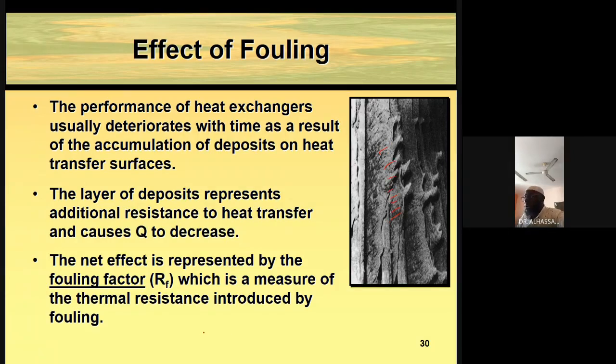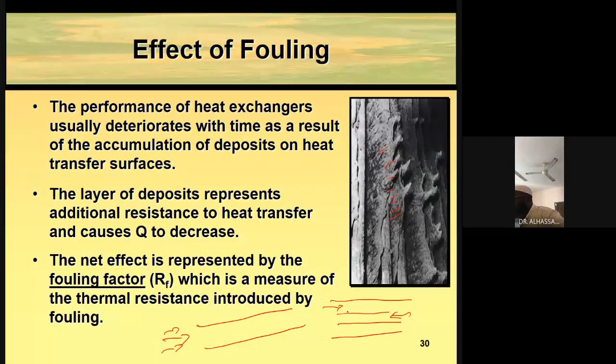So assuming you have a pipe like this, and fluid is flowing inside the pipe, and it could also be flowing outside the pipe, because we will be talking about a heat exchanger, where we have cold fluid flowing in this direction, hot fluid flowing in the opposite direction.